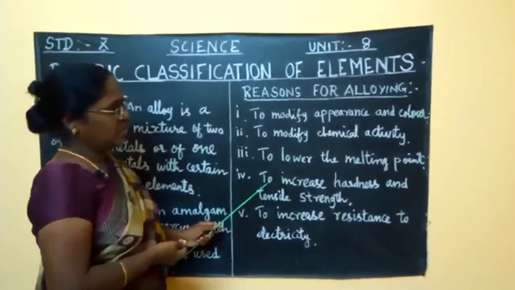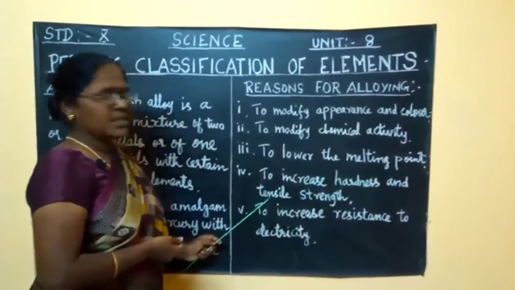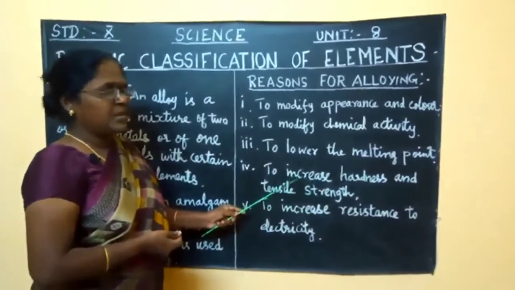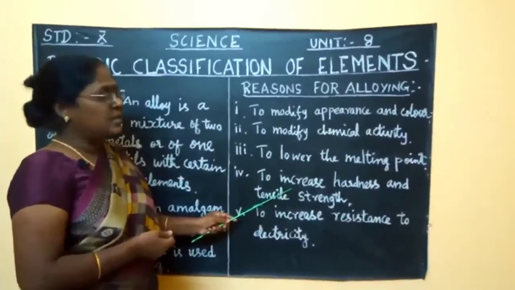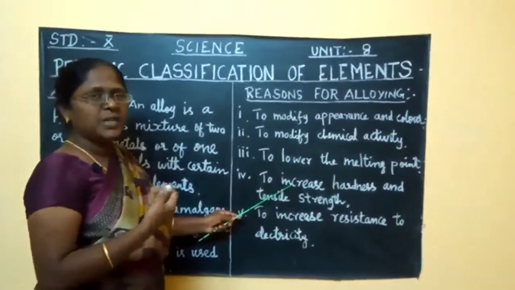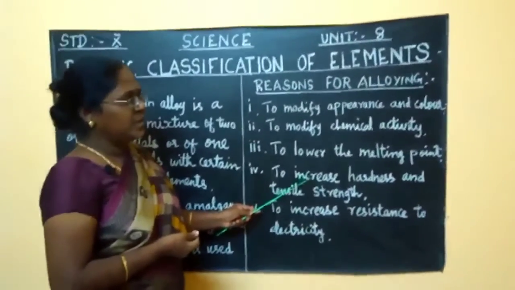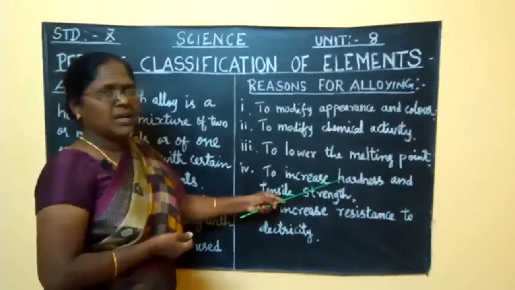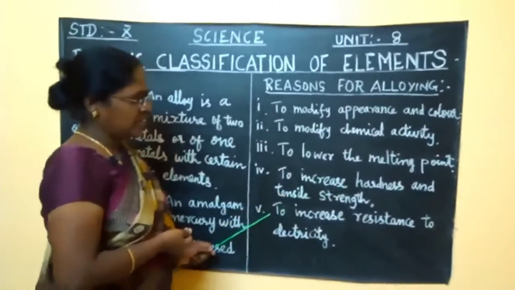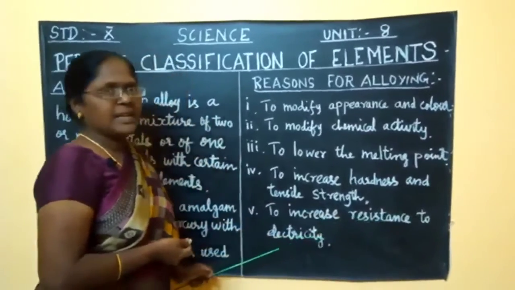Fourth one is to increase hardness and tensile strength. So I told you already, the pure gold is too soft. So to increase its strength, we are adding copper to get here hardness. Last one is to increase resistance to electricity.